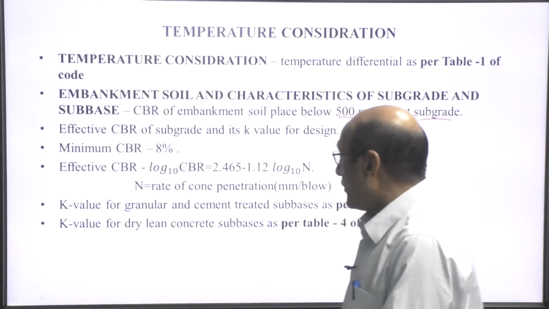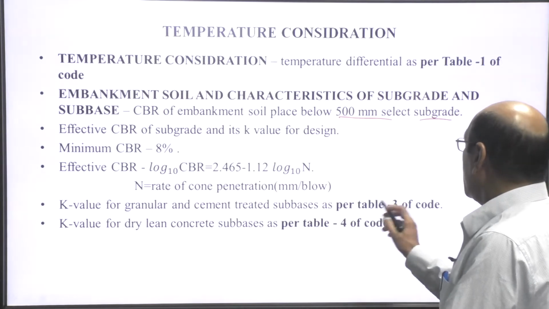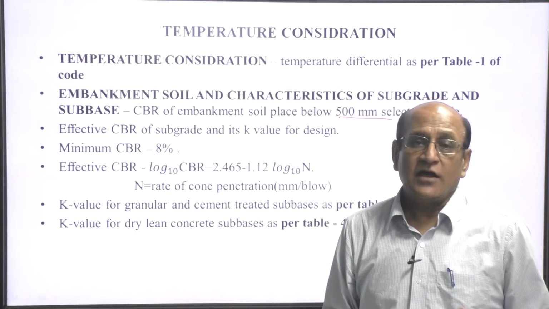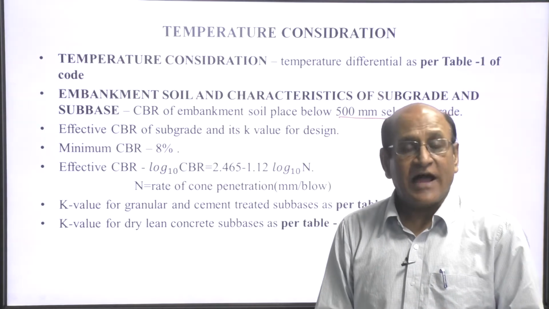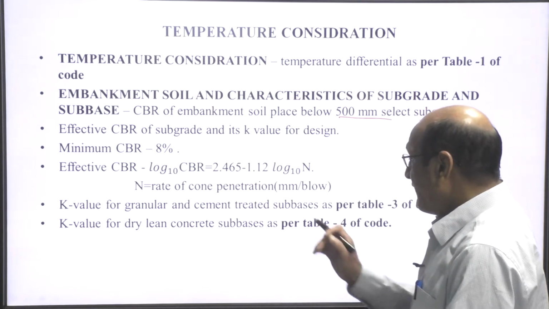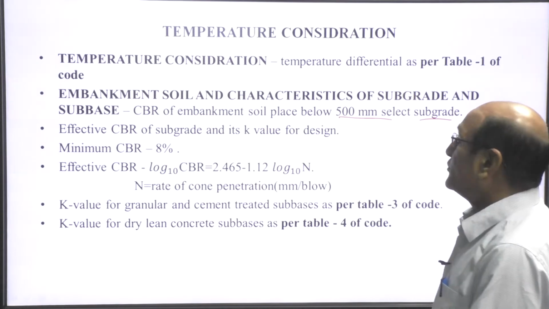K value for the granular and the cement treated subbase is as per Table 3 of the code. Here when we say code, that means IRC 58 2015. K value for the dry lean concrete base is as per Table 4 of the code.